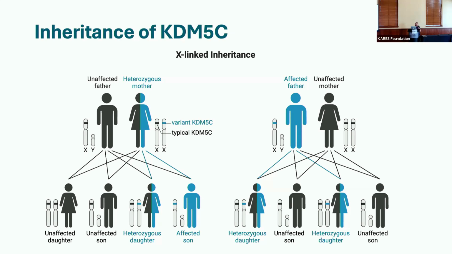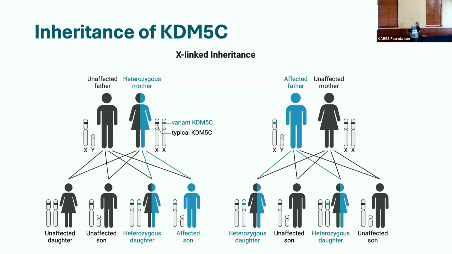We all know that there's a range of features in girls. Some girls don't have any symptoms at all. Some girls have some mild symptoms, and some girls have more severe symptoms. And I would say that we really don't understand the full effect of how that works in girls at this point. And then for the boys, again, they inherit their Y chromosome from their dad. And then this boy inherited the variant copy of KDM5C from his mom, and so he would be affected.